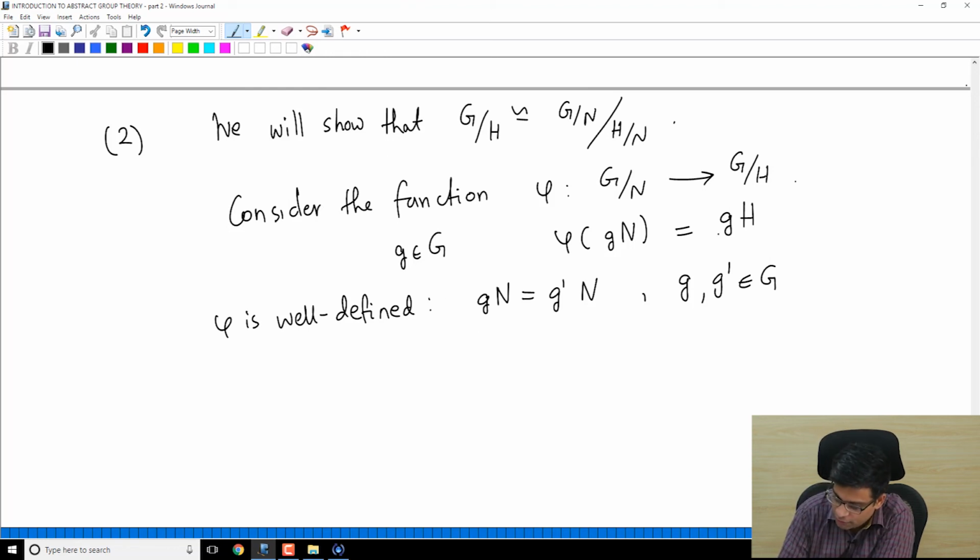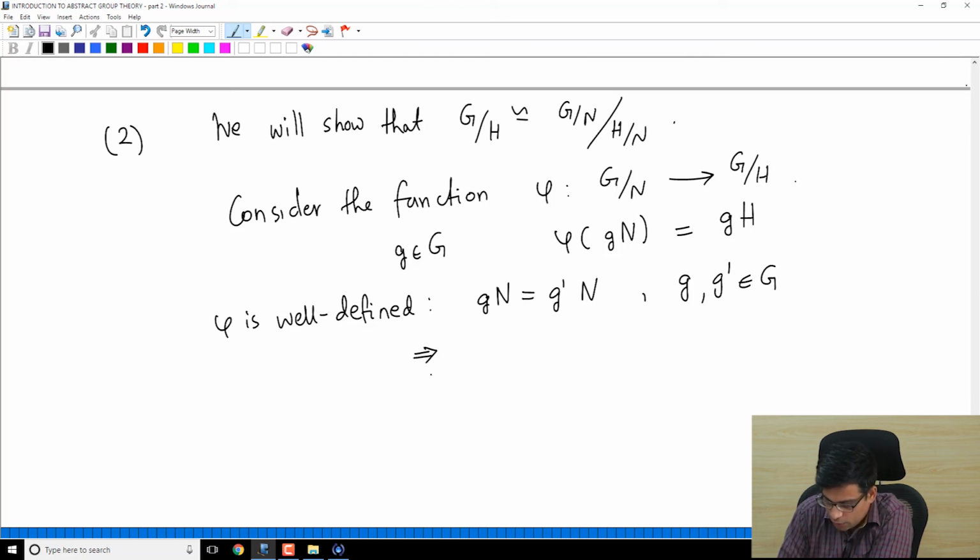We want to check that phi of gN equals phi of g prime N. Otherwise it's not well defined, right? You have one element which has two different representations, and using the representation, if you send it to different elements, it's certainly not a well defined map. So we want to check that gH is equal to g prime H.